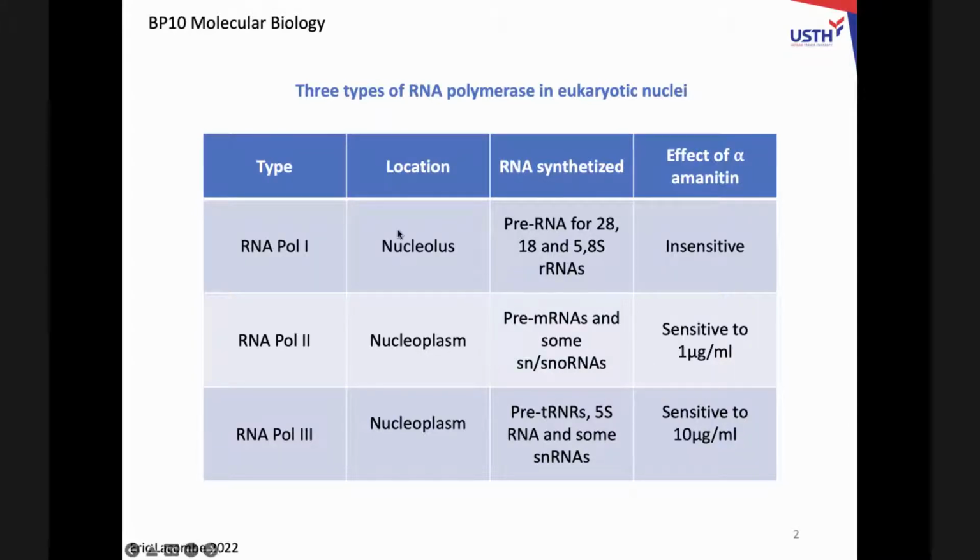So I wanted, for this BP10 teaching unit, that we spend at least half an hour, something like that, just to remind you how RNA Pol1 works, and the same for Pol3, and what type of genes they are reading and what type of RNA they are producing, because I think it's important.